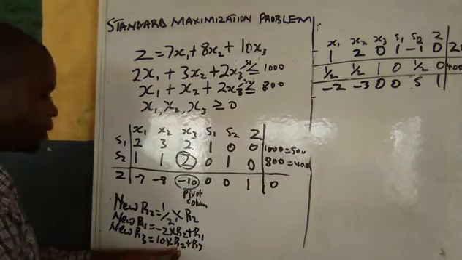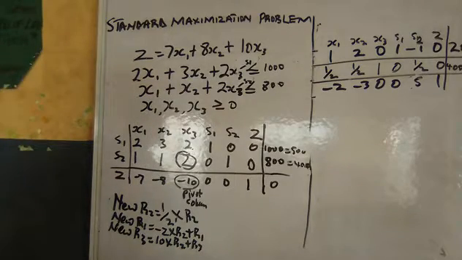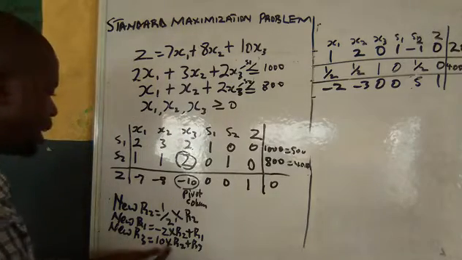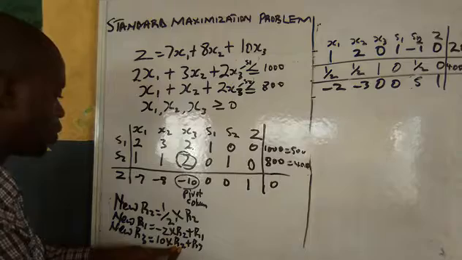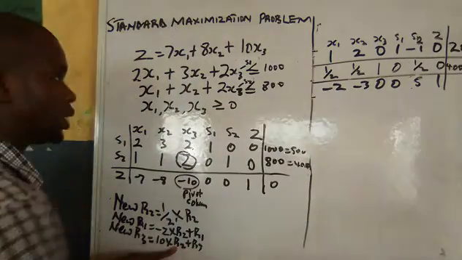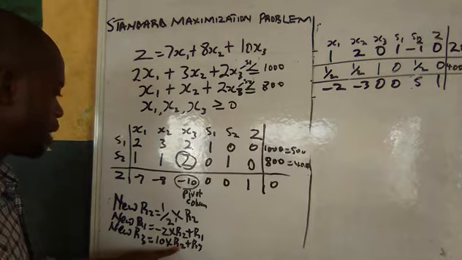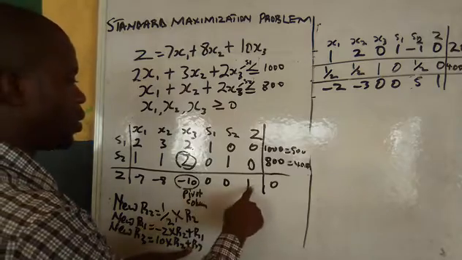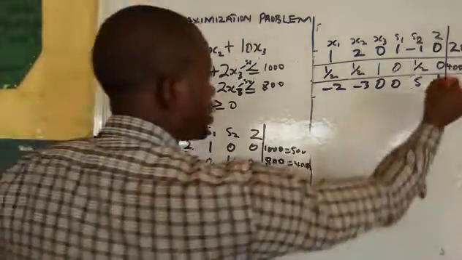Then 10 times R2, that is 10 times 400, which is 4,000. Then 4,000 plus R3. Where's our R3? 4,000, this is going to be 4,000.